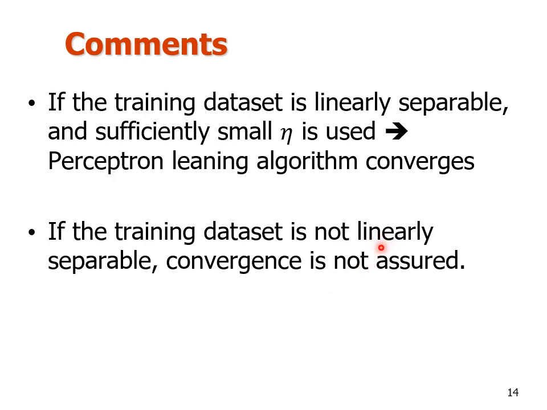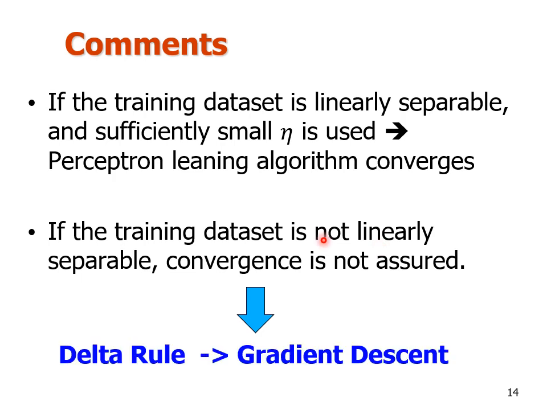We have a solution for the problem, and that is the delta rule, which uses gradient descent. The gradient descent algorithm we have used earlier, and we know how to use it. So we are going to make use of gradient descent as a part of the delta rule, and we are going to discuss this algorithm in the next session.